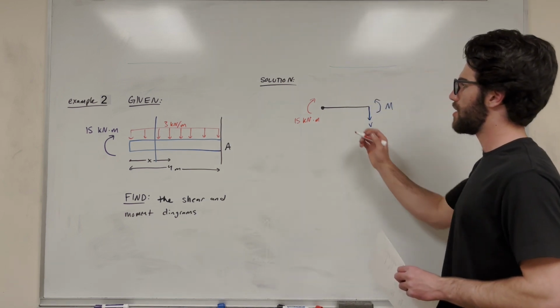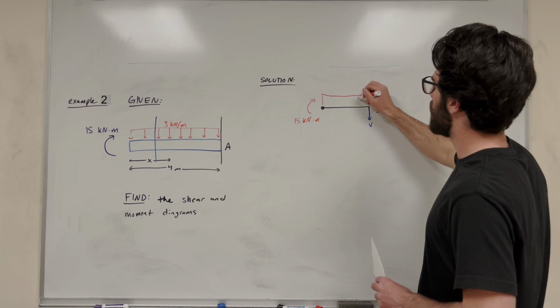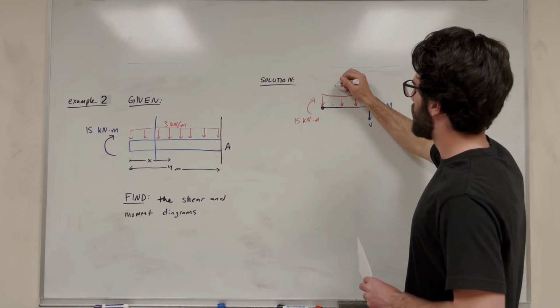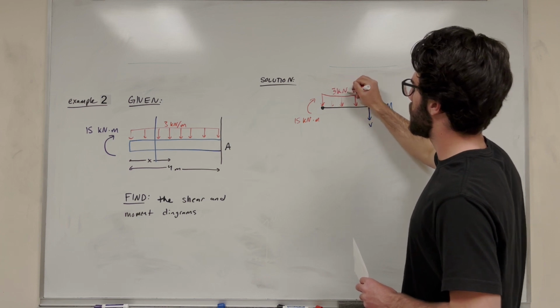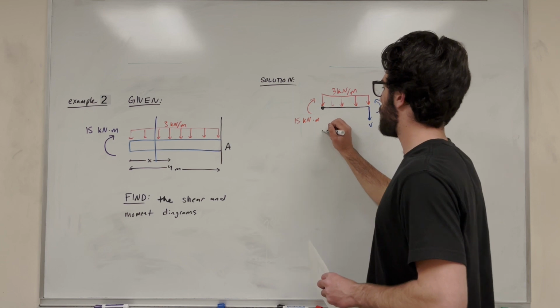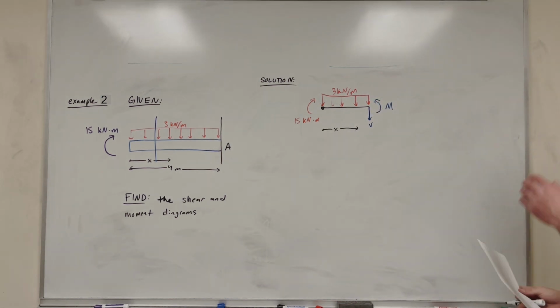We have this 3 kilonewton per meter distributed load. We need to keep it a distributed load when we're doing these free body diagrams. 3 kilonewtons per meter, right? And then this distance is x. So that's pretty important here. Label that distance x.